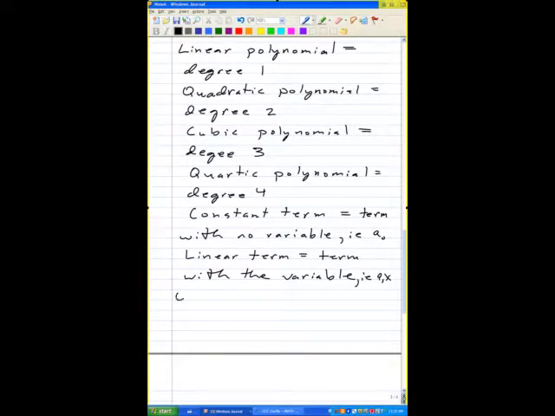The quadratic term was the term with the variable squared.